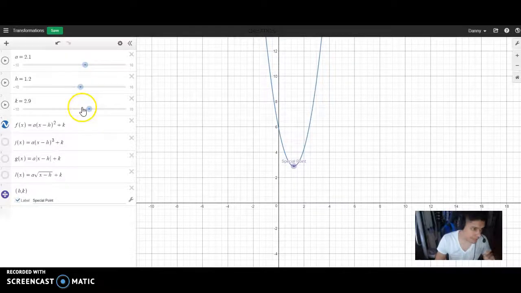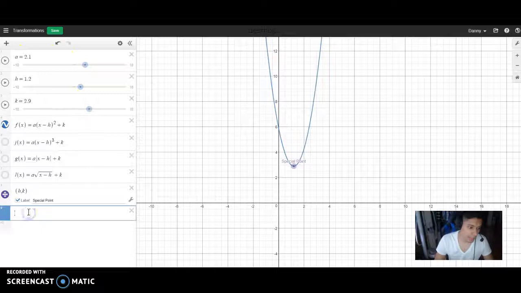So, A is used to represent dilation and reflection.